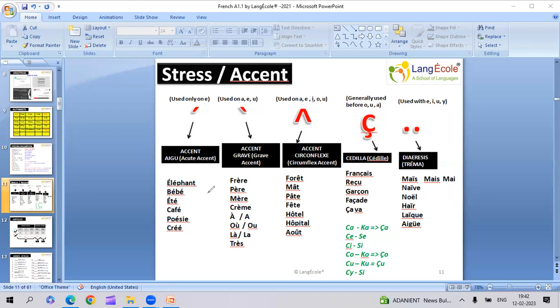Poésie. I don't know what is poésie. Poésie is poem, or poetry.